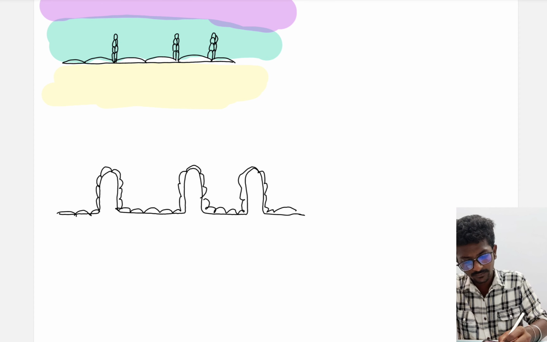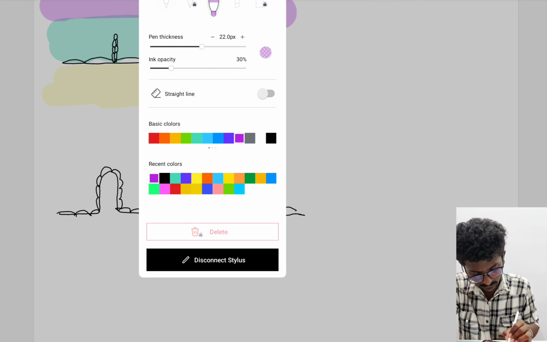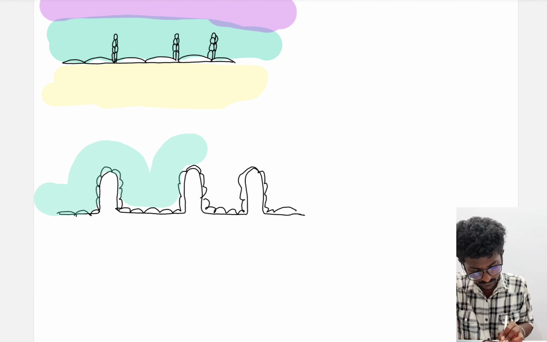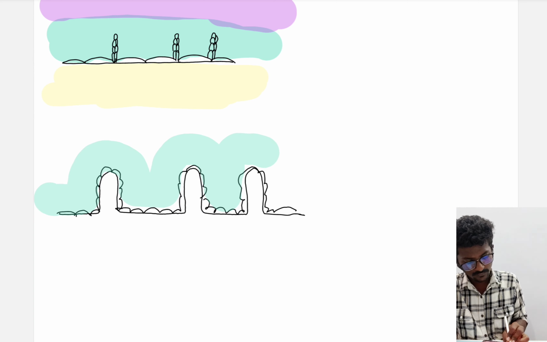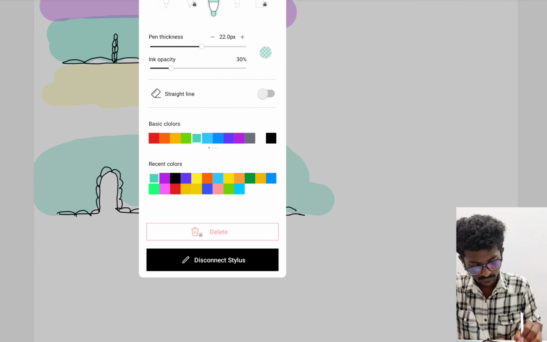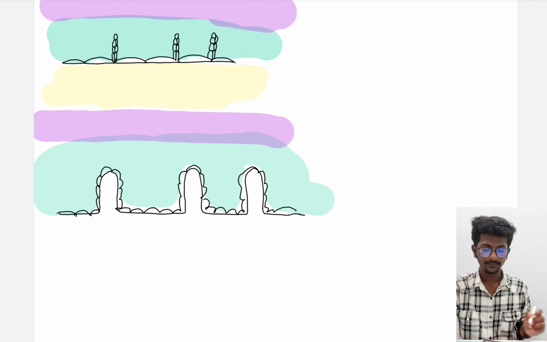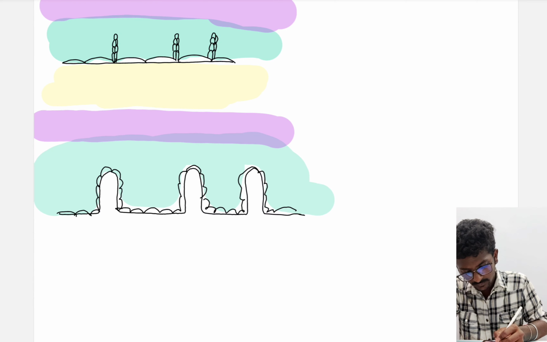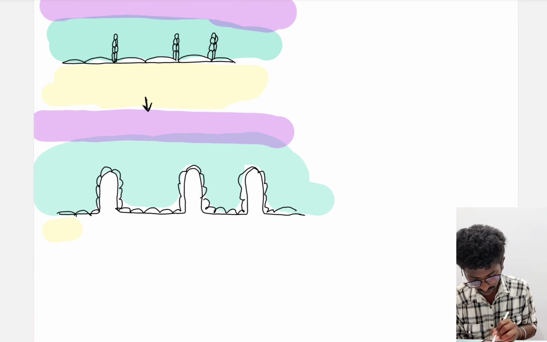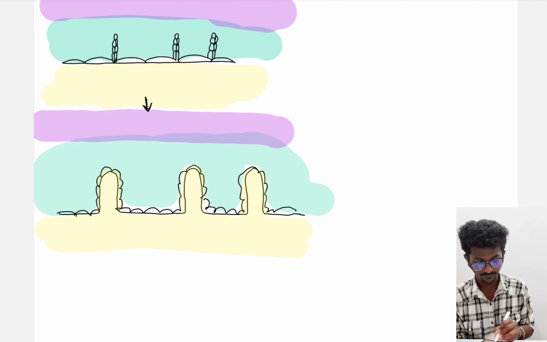Over that we have the syncytial trophoblast, and over that we have the decidua basalis. And beneath this we have the somatopleuric extraembryonic mesoderm.